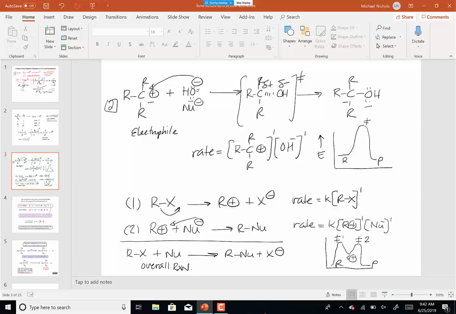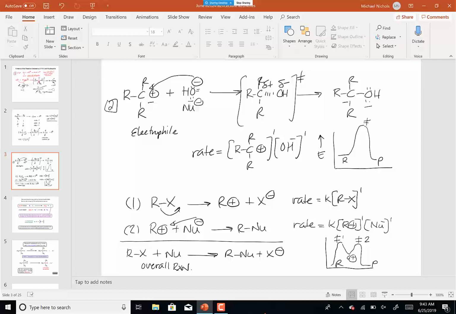Now, how about these two mechanistic steps together? When I look at this, why doesn't R plus show up? Why doesn't the carbocation show up in the overall reaction? On the one side, it's in the products, and on the other side, it's in the reactants. So it cancels out.